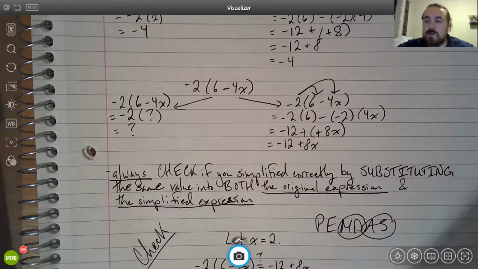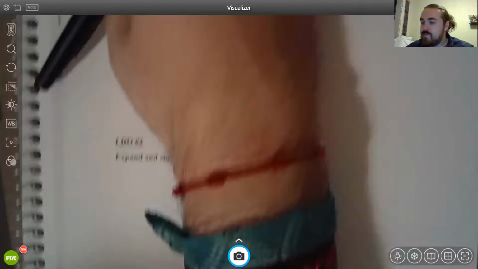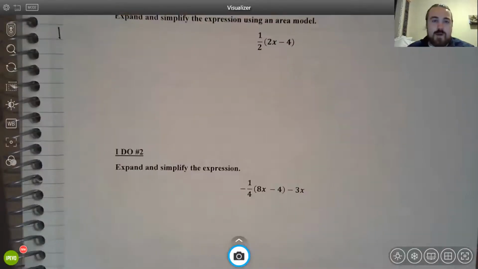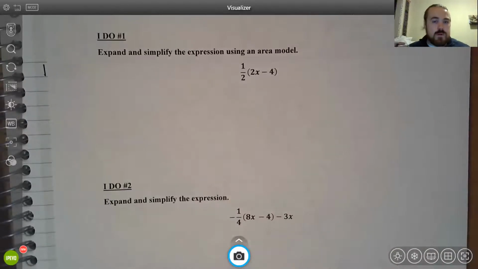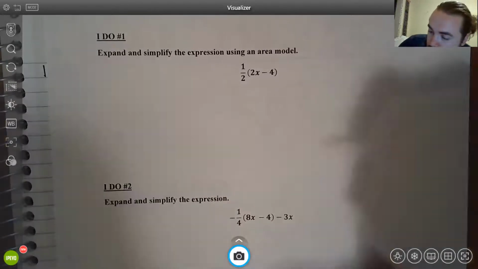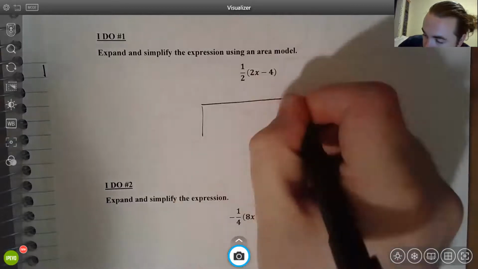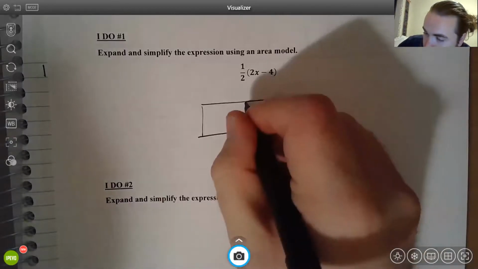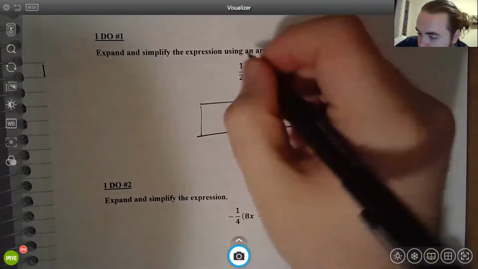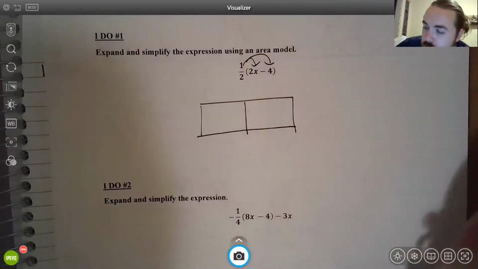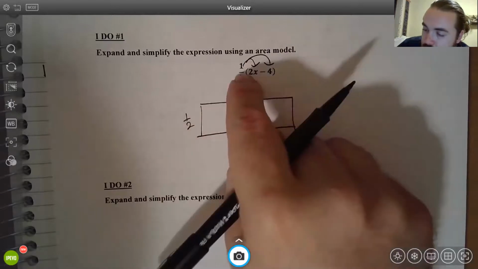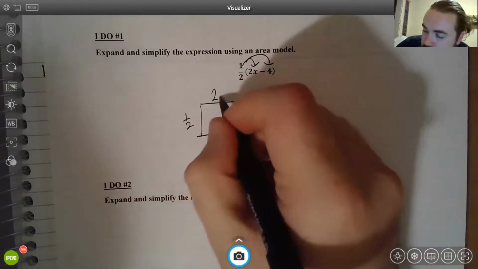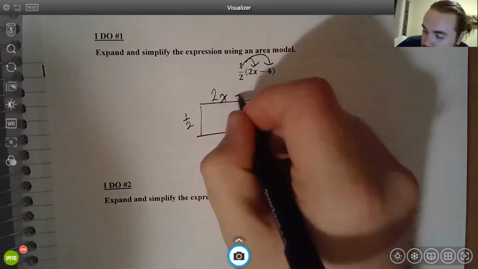All right. So looking at these I do's, both pretty similar. The first one's asking for an area model. Remember an area model from yesterday? We're just using a rectangle bar. I like to always draw my arrows anyway, even if I'm not going to use the arrow method. Now we have 1/2 on the left-hand side. We have the number 2x minus 4.